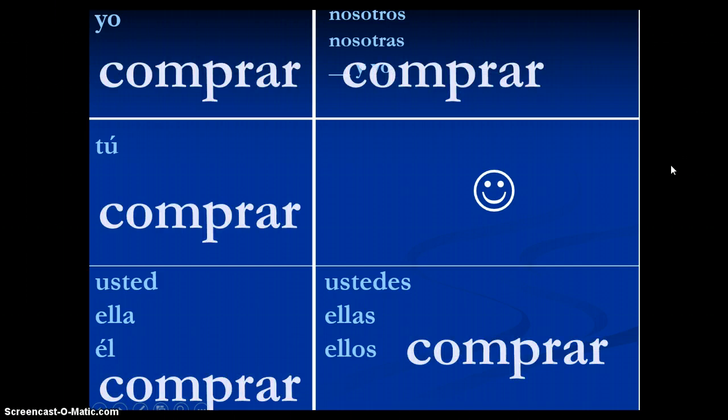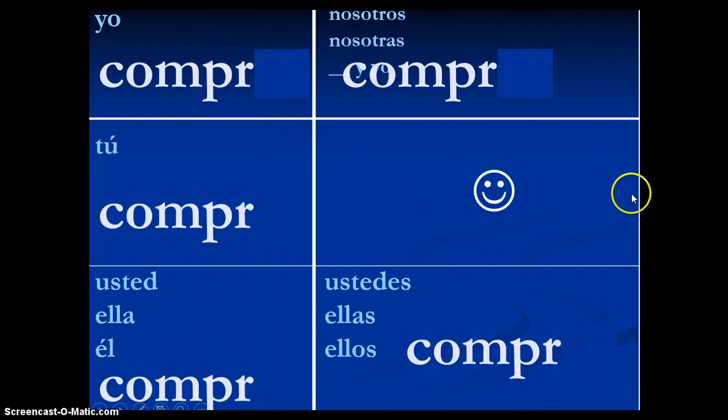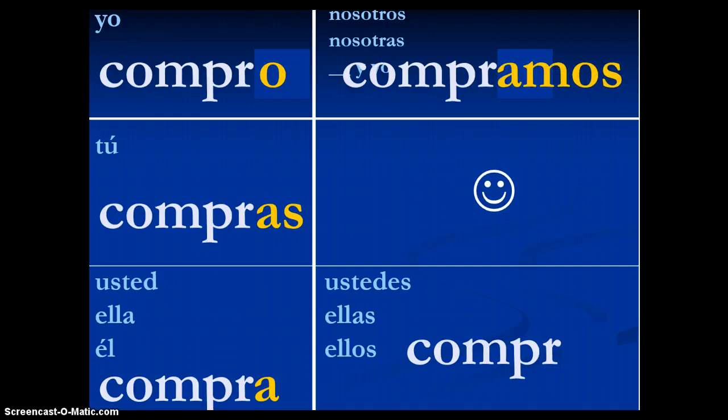So then if we wanted to take comprar and conjugate it, so if I wanted to say I buy, you buy, she or he buys, we buy, and they buy, we're going to have to conjugate that verb. First you take the verb, then you must attach the end, then you're left with just your stem, then you add your endings on to conjugate that verb. O, as, a, amos, and an.